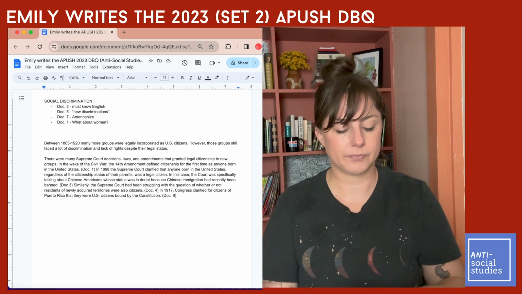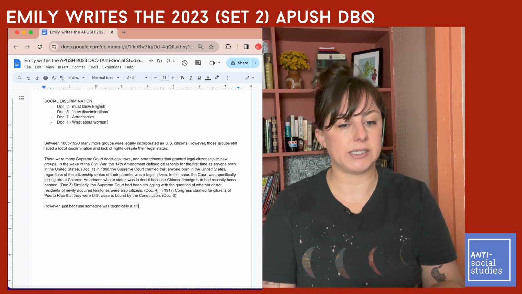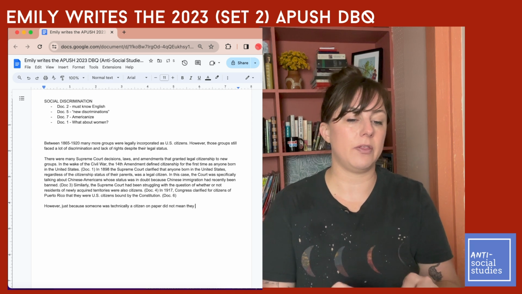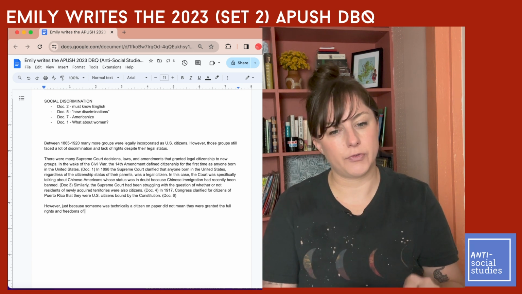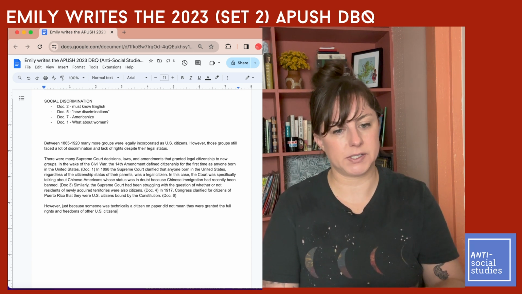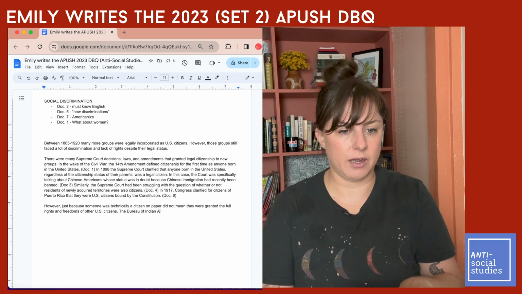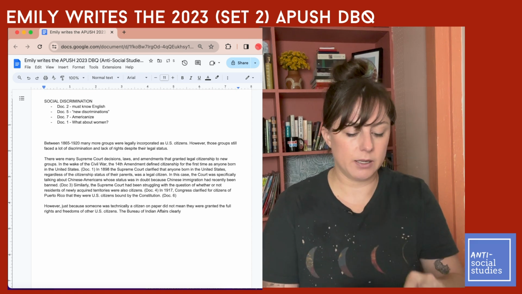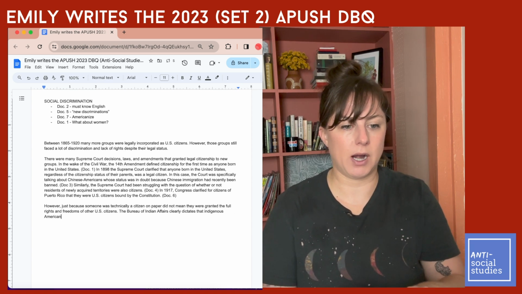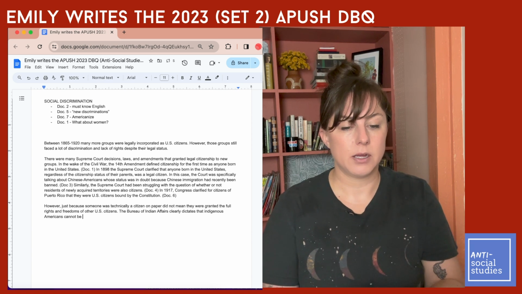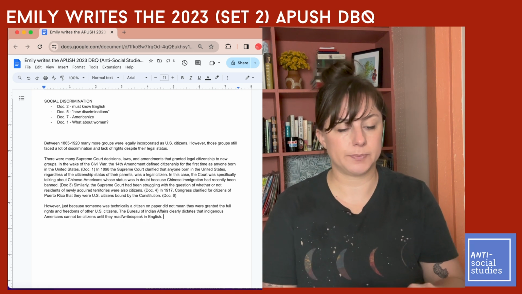All right, paragraph 2. However, just because someone was technically a citizen on paper did not mean they were granted the full rights and freedoms of other U.S. citizens. The Bureau of Indian Affairs clearly dictates that Indigenous Americans cannot be citizens until they read, write, and speak in English.